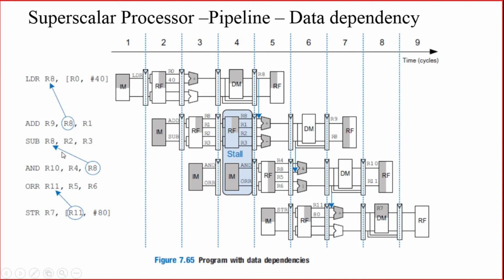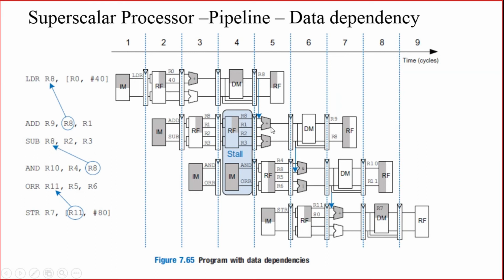Similarly, in this also, the fourth instruction is add. So for this add and OR, again there is no dependency, so it will be executed in the third cycle. And here you can see that R8 used in AND will be available only after the subtraction instruction execution is over. So at which stage will the subtraction be over, or you will get the result? Only after the execution stage.